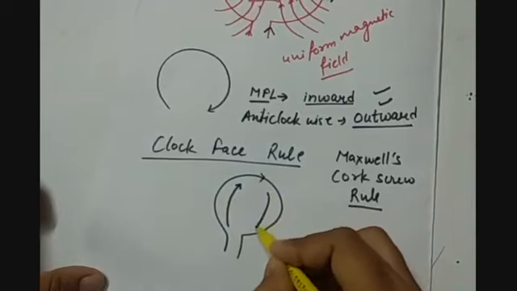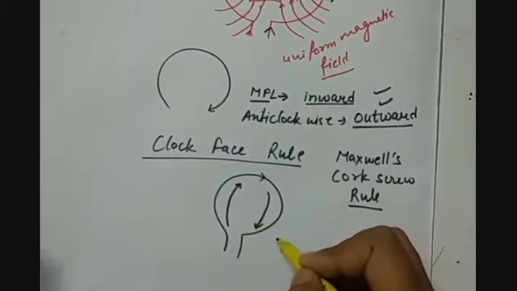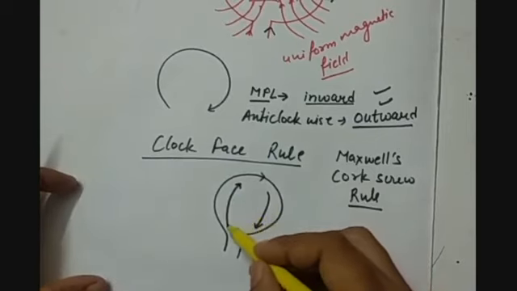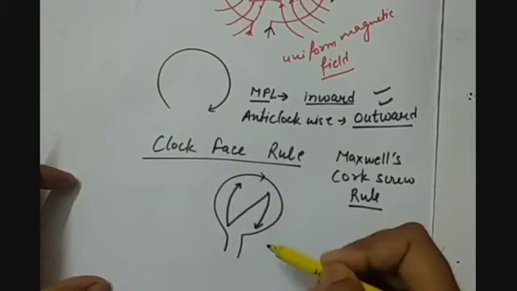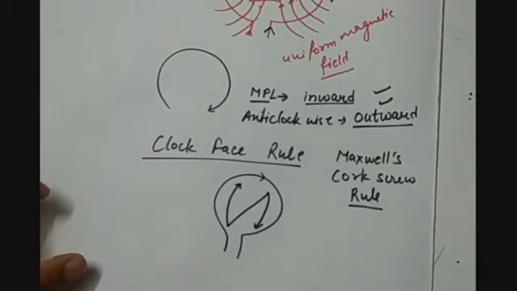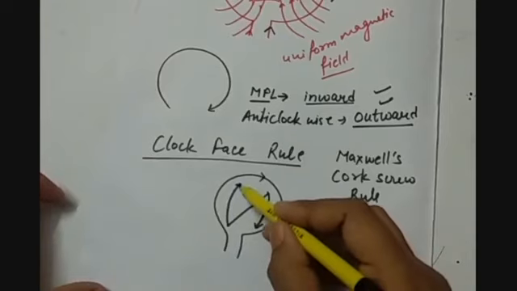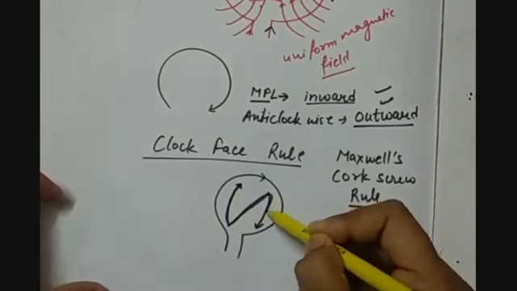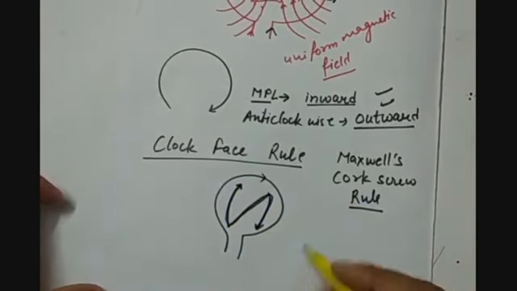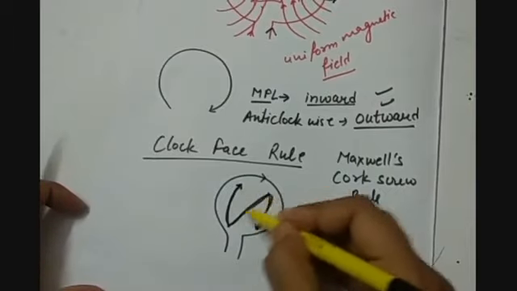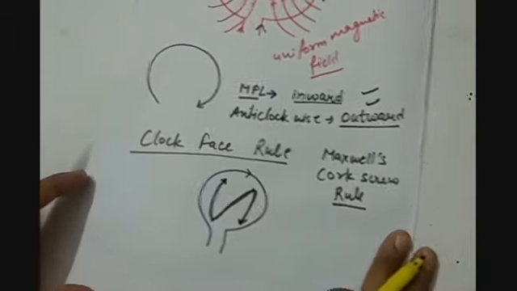Then the current in the second segment is coming down. So if we combine the flow of current, then we get the alphabet S shape.